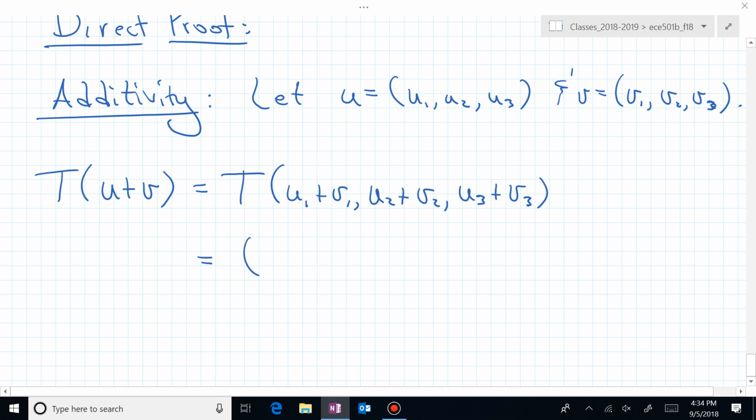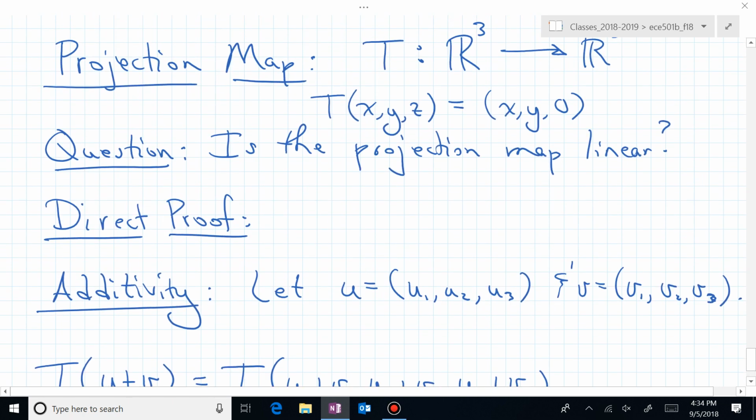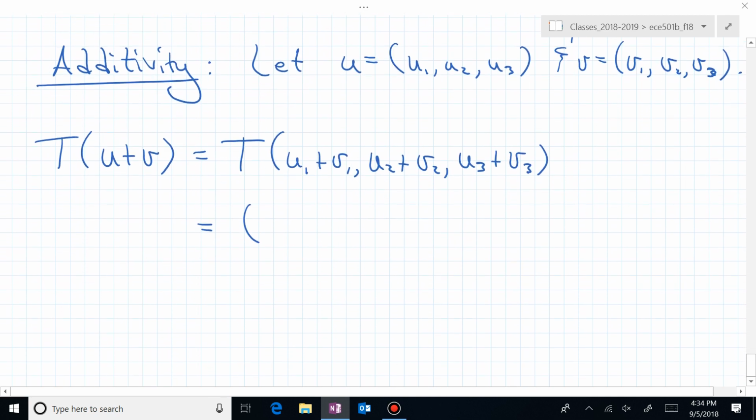By definition of our projection map, T of x, y, z equaling x, y, 0, what happens now to our result? How many coordinates do I have in the result? 2 or 3? 3. The third one is 0, isn't it? We're projecting, we're basically eliminating U3 plus V3, but the other two come through unchanged.